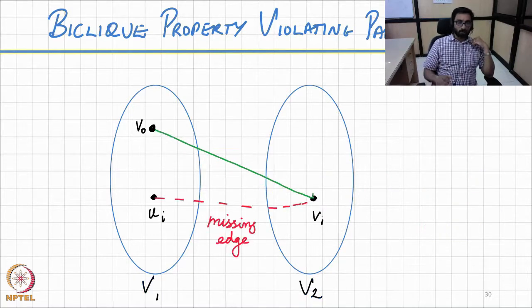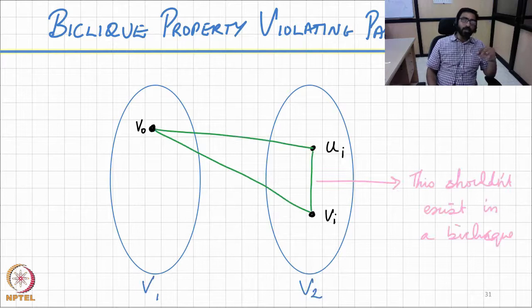And the second one is a missing edge. So this edge must be added in order to convert this into a biclique. And remember that there are epsilon n such modifications. If the graph is indeed not a biclique, there are epsilon n such modifications that are needed before the graph can become a biclique.